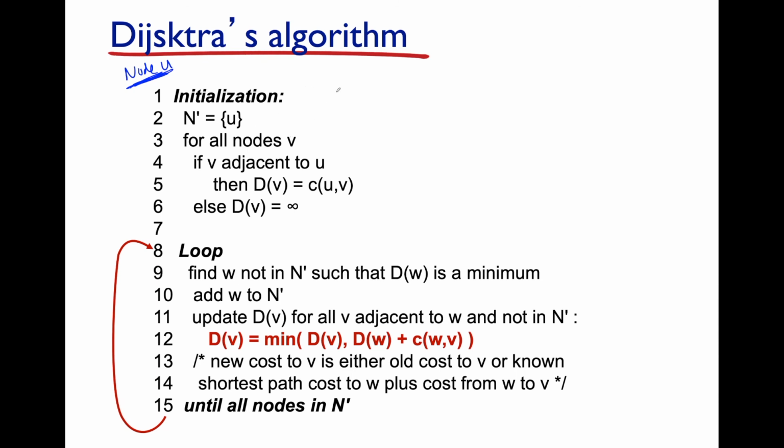So you start out and you look at all the nodes that are adjacent. So for all nodes that are adjacent to the current node running this Dijkstra's algorithm, you're going to call those v. So all nodes v in the network, if v is adjacent to u, then you're going to fill in the distance vector value with the cost of that link between the current node and its neighbors.